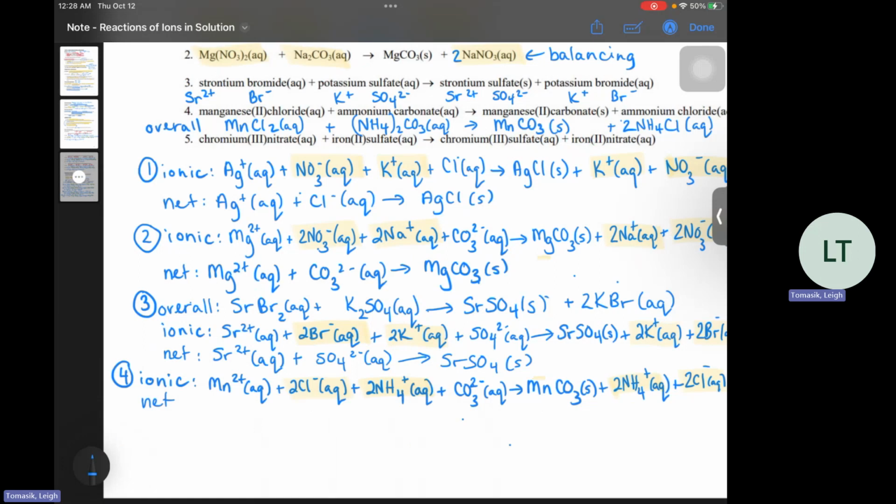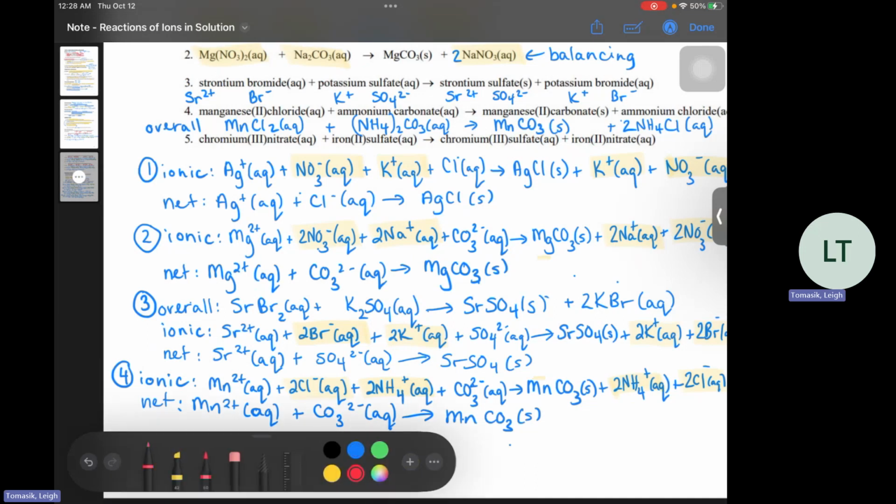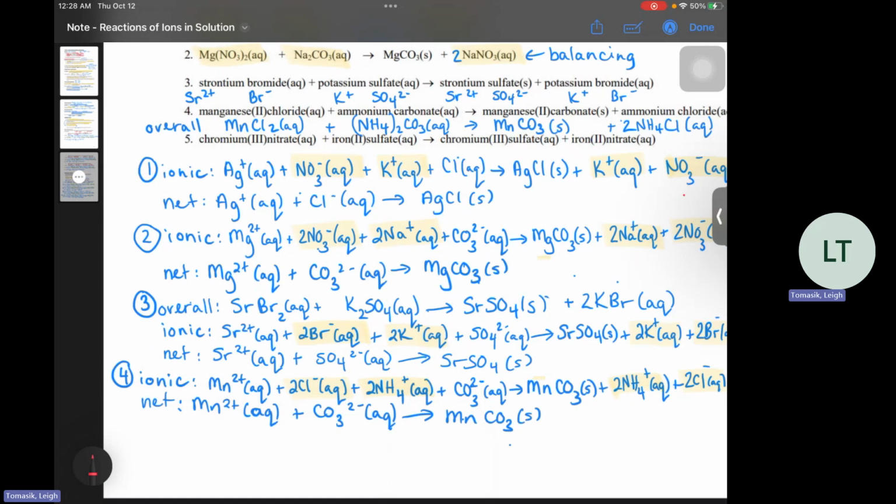So our net ionic equation is Mn2+ aqueous plus CO3 2- aqueous makes MnCO3 solid. Okay, this last one I'm going to do in red up here so we don't confuse it with anything else.